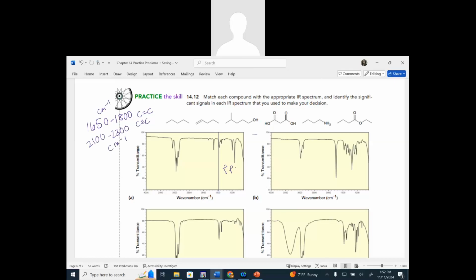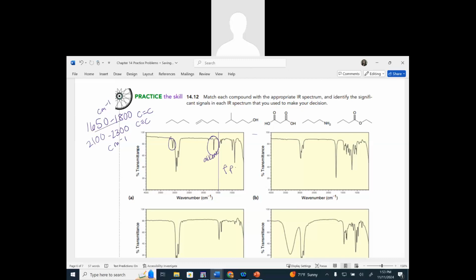And then we can look specifically here. We see a weak signal right here around between 1600 and 1700. This would be consistent with an alkene, in that region here. And we also see a signal at approximately 3100 here.